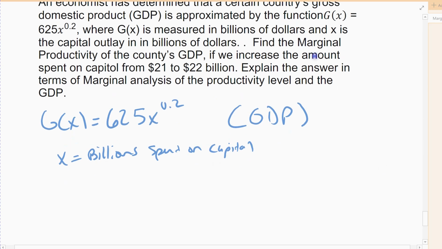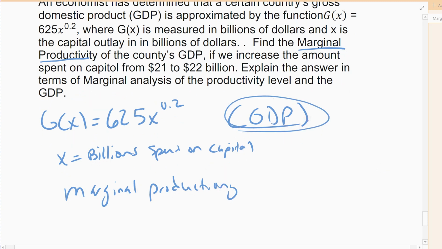All right, find the marginal productivity. Marginal productivity is the marginal analysis of the gross domestic product. Marginal productivity is the derivative.